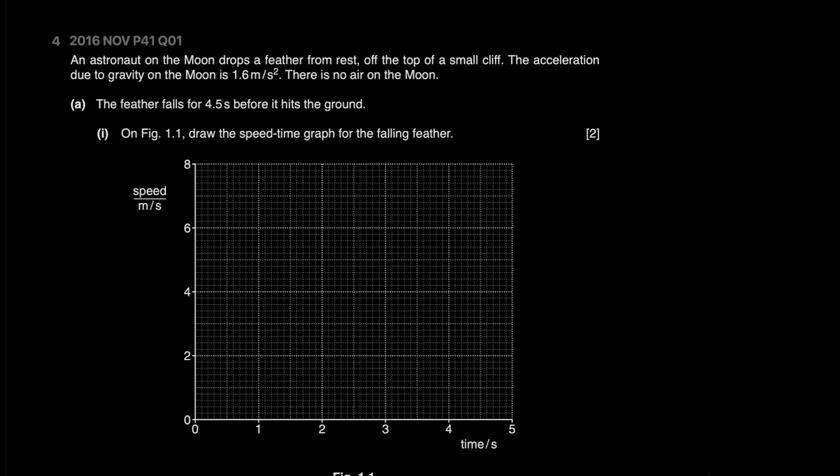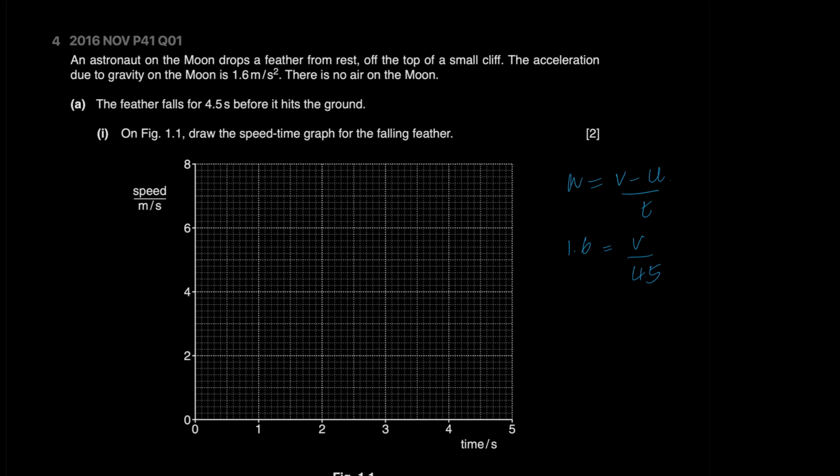So why not just use the acceleration formula to find the velocity at that time. So acceleration is v minus u over t. Putting in the values, 1.6 equals final velocity, I need to find out. Initial velocity is 0, so I won't write that down. And how much time? 4.5 seconds.